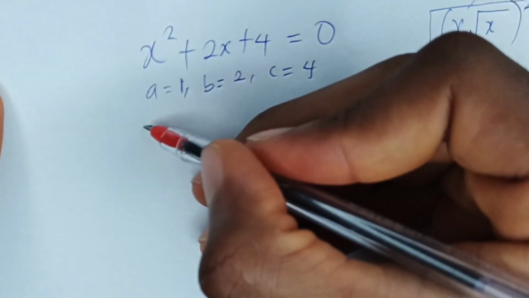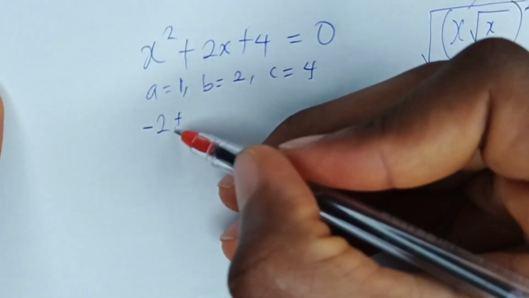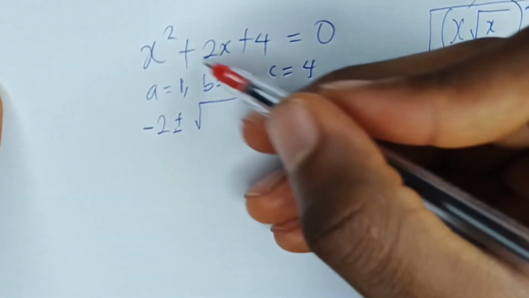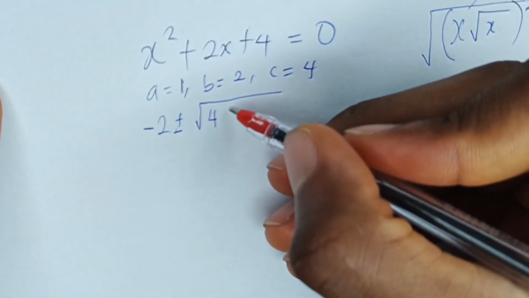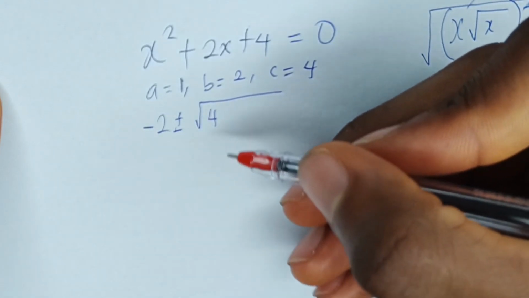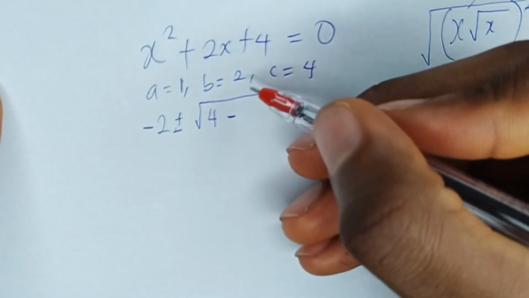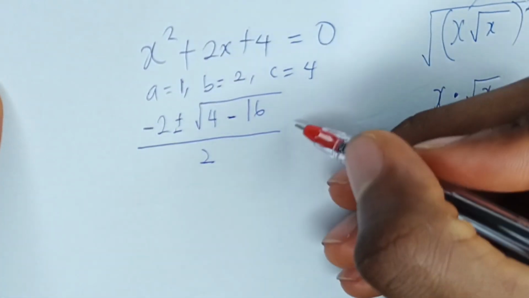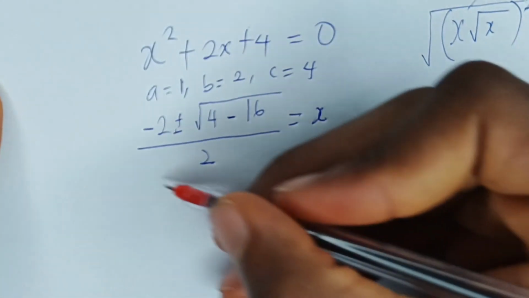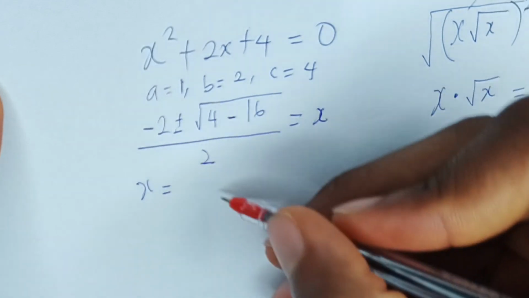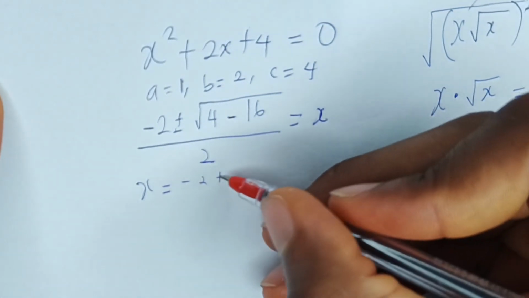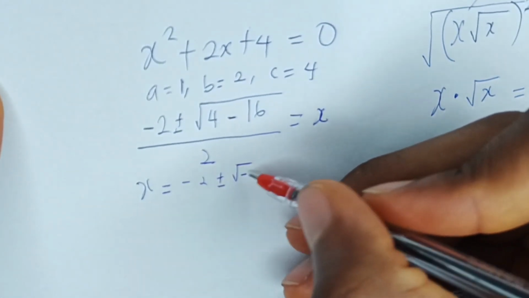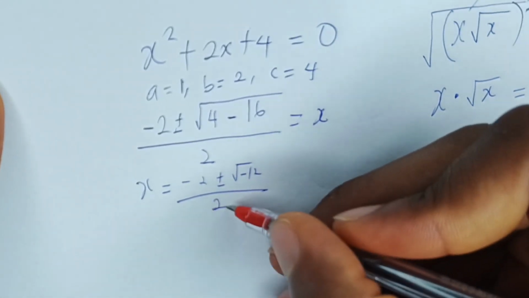So we have that minus b is minus 2 plus or minus square root of 2 squared is 4, minus 4ac is 16, all over 2a is 2 times 1, which is 2. Hence x now becomes equal to minus 2 plus or minus square root of negative 12 over 2.